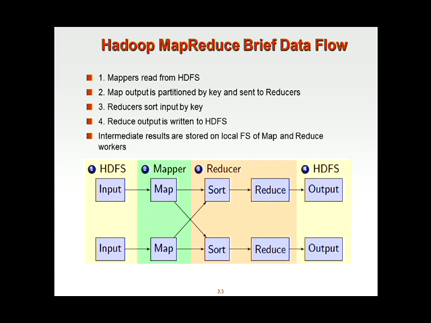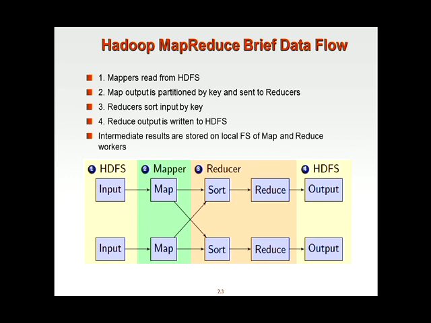You just need to remember that the mapper generates some output for the input, and the intermediate output is in the format of key and value pairs. Next, Hadoop MapReduce will group the key value pairs according to the keys, and then sort the keys.